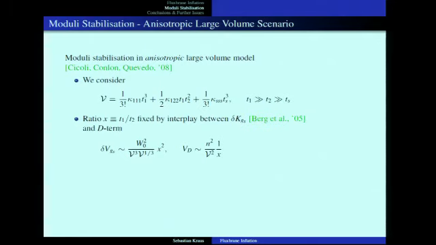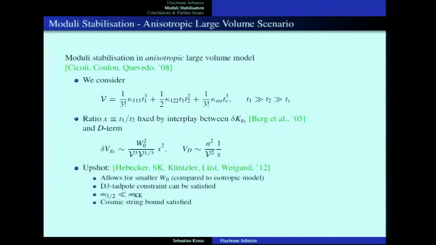Furthermore, the D-term in this regime where x is large is smaller than in the isotropic case. This is nice because this is precisely the direction which we need. W0 can be smaller in this anisotropic case, and it can be small enough for the D3 tadpole constraint to be satisfied.